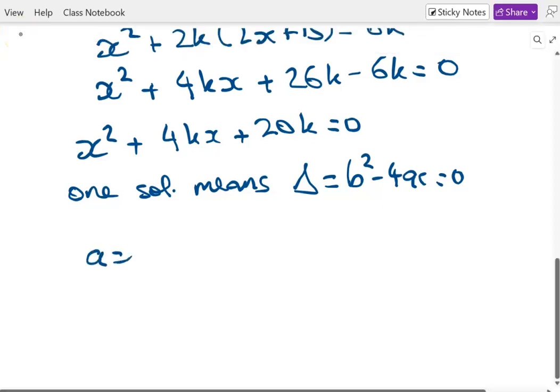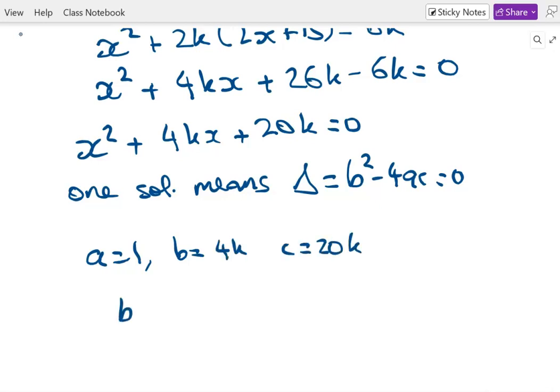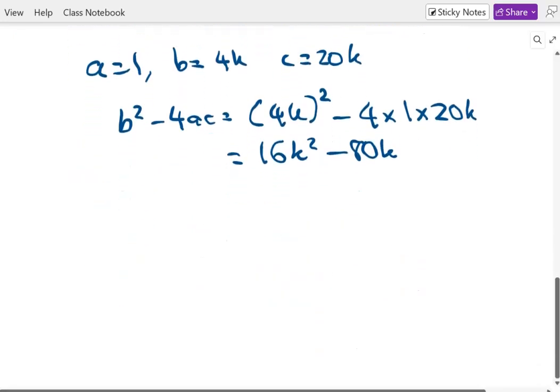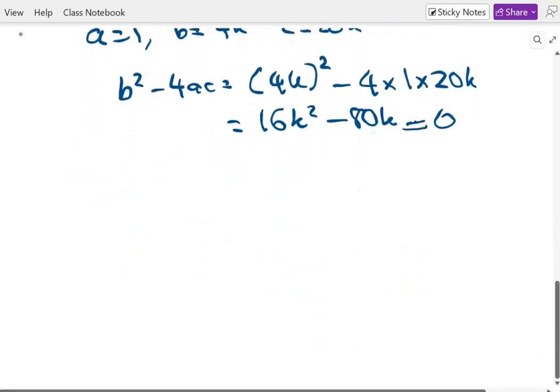Okay, so a is 1, b is 4k, and c is 20k. That gives us b squared minus 4ac is equal to (4k) all squared minus 4 times 1 times 20k, giving us 16k squared minus 80k. And we have to have that equal to 0.